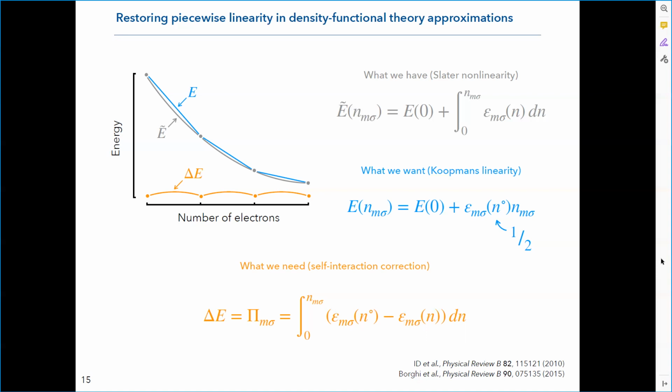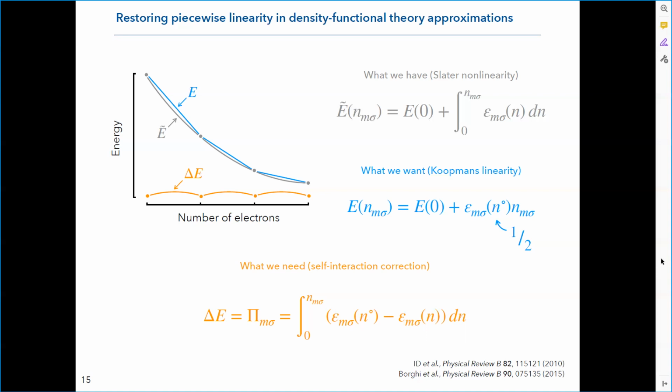And so we take typically this reference orbital occupation eta naught to be 1/2. Because at 1/2, you get the correspondence between the slope of the nonlinear trend and the slope of the linear trend. And this can serve as reference to determine what should be the slope of the Koopmans linear behavior.